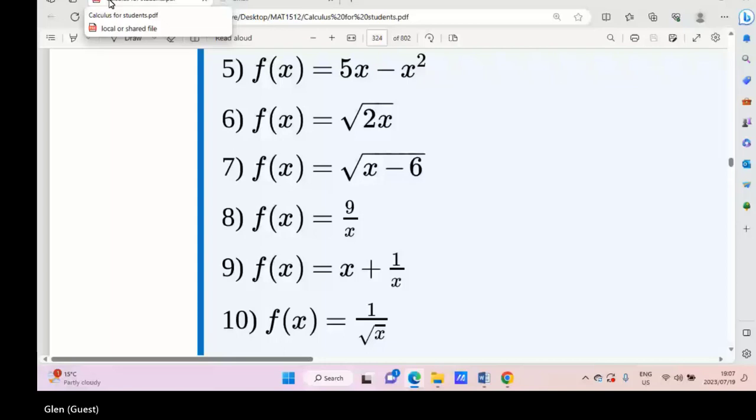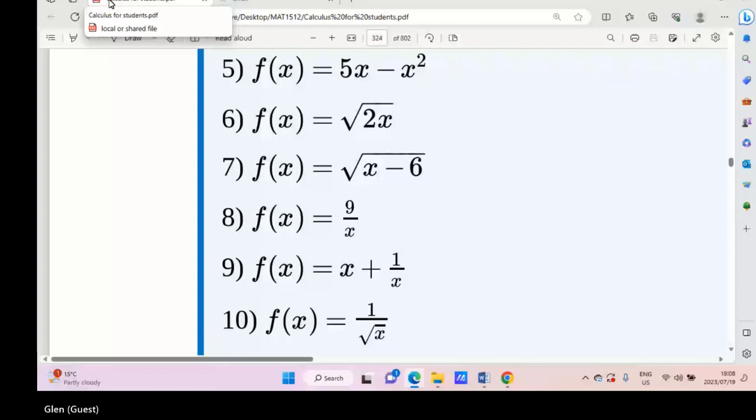Then I got x plus h minus 6 minus x minus 6 plus 6 minus x plus 6. Then I got h times the square root of x plus h minus 6 plus square root of x plus h. X cancels, 6 cancels. I'm left with h in the numerator. Cancel the bottom h, I got 1 all over square root of x plus h minus 6 plus square root of x plus h.